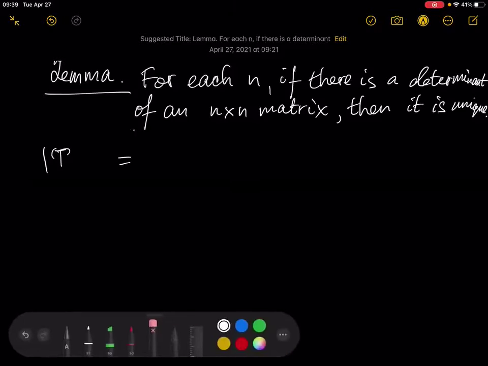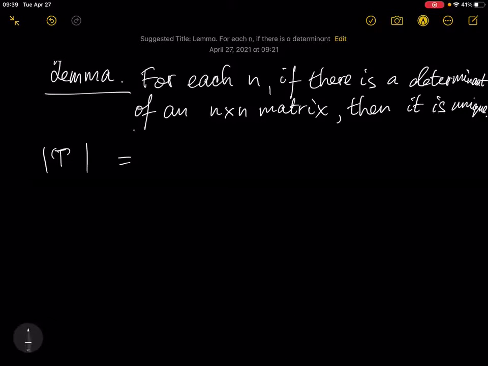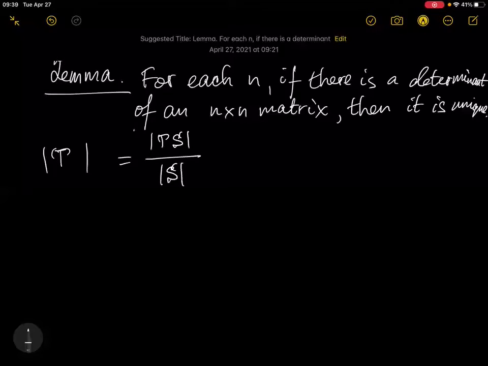We were introducing the determinant of an arbitrary matrix T as the determinant of TS over the determinant of S. And you were asked to show that this is a determinant function, so that even if you apply all these elementary row operations to the matrix T, the result will stay the same.